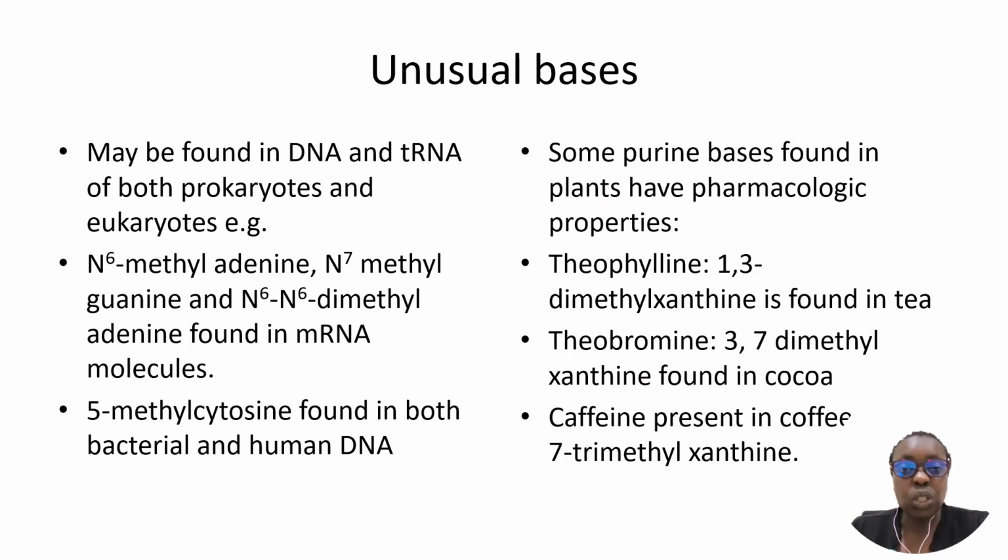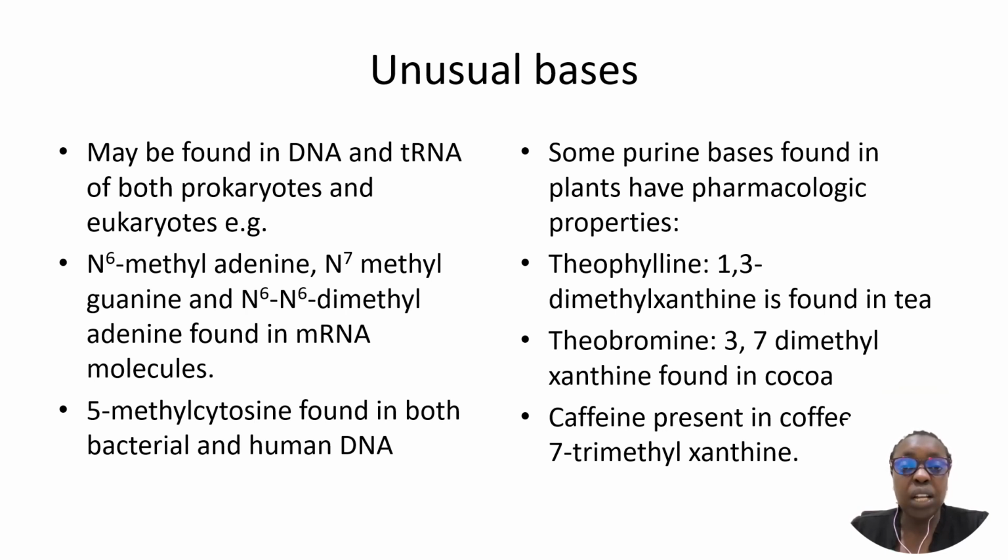Then we have unusual bases. In these unusual bases, we have modification of the bases, usually for the purposes of identification. The most common form of modification of the bases is through methylation. For example, you can have different forms of methyl adenine, methyl guanine, or dimethyl adenine, which can be found in messenger RNA molecules.